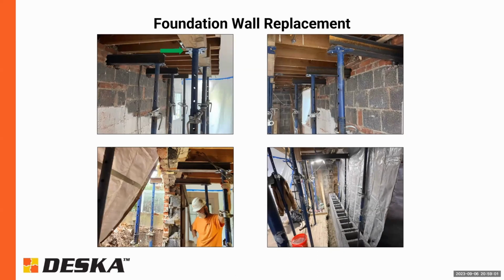And you can see here in the top left corner, there's some vertical bracing of the floor above. The problem is that there's an exterior brick facade here as well, which you can see in the lower left picture here, as well as there's a block wall above it as well.